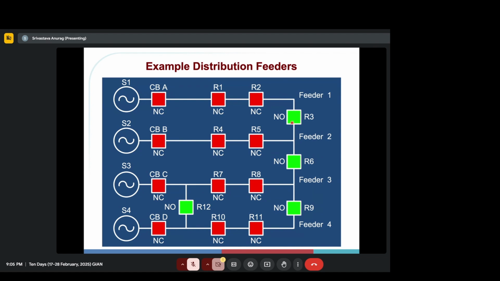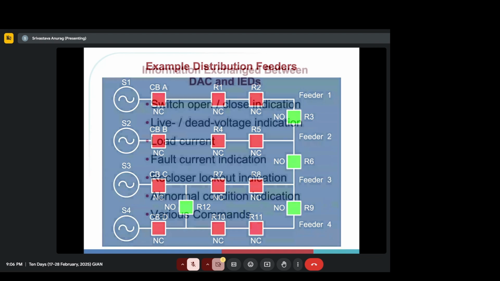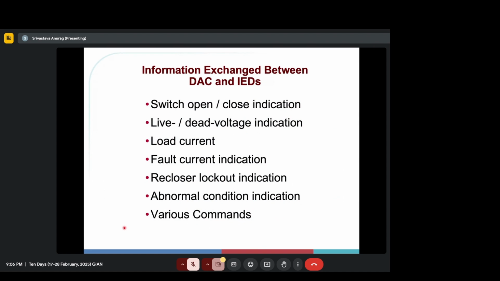So we'll close this and the power will flow like this, right? Same thing here: if the fault happens here, we can close this, and then both of these feeders will connect to feeder 4. So a lot of these configurations are possible only if you put normally open and normally closed switches together, right?